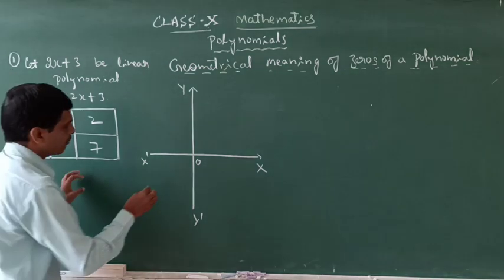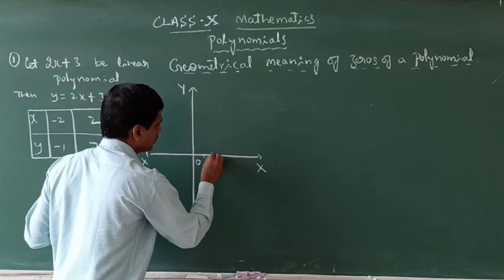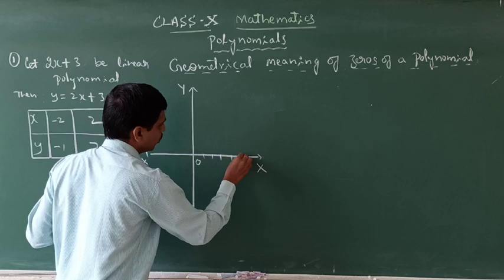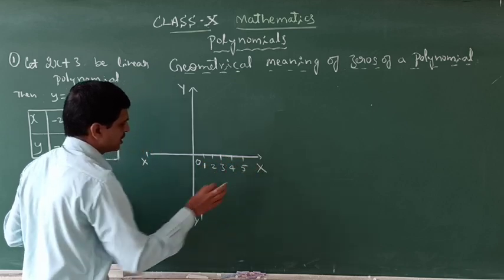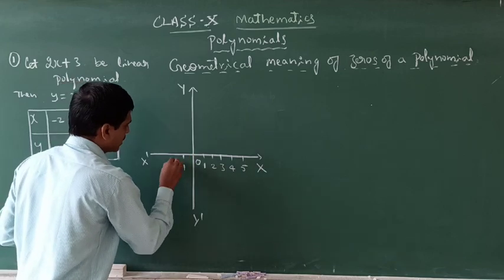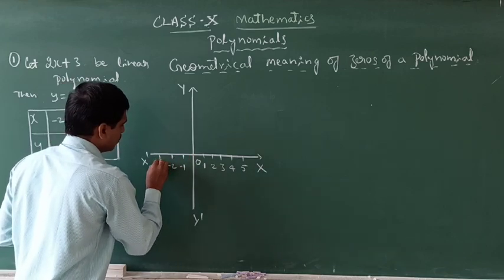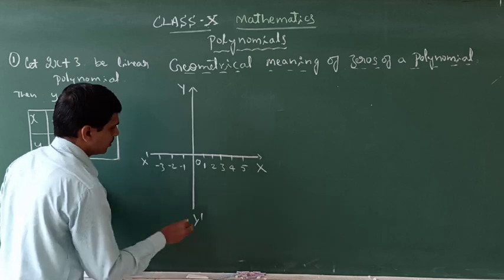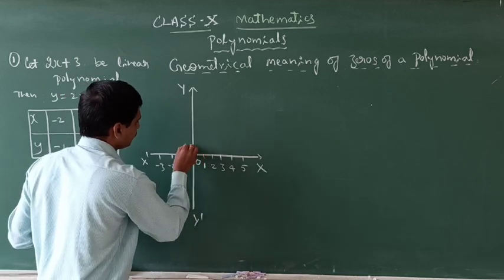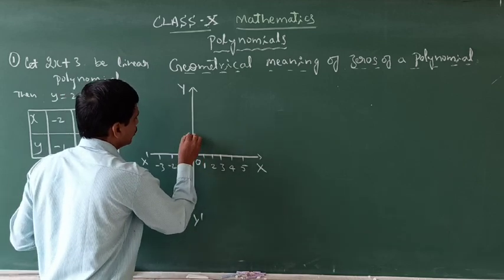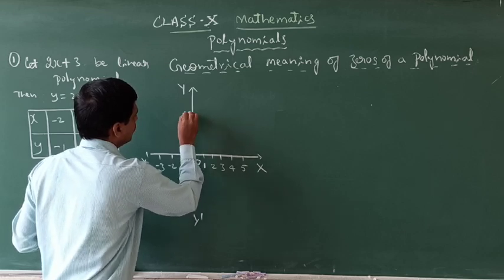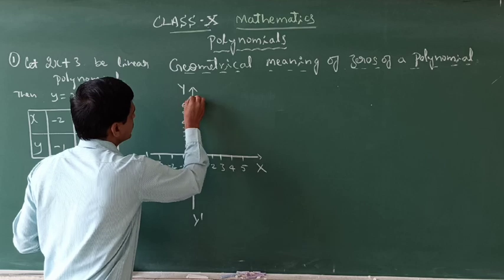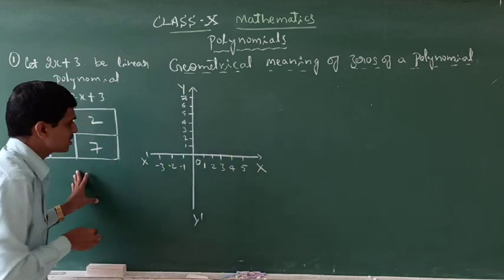By using this, I want to mark 1, 2, 3, 4, 5 as positive integers. Here you can take minus 1, minus 2, minus 3, and so on. Here also 1, 2, 3, 4, 5, 6 and 7.